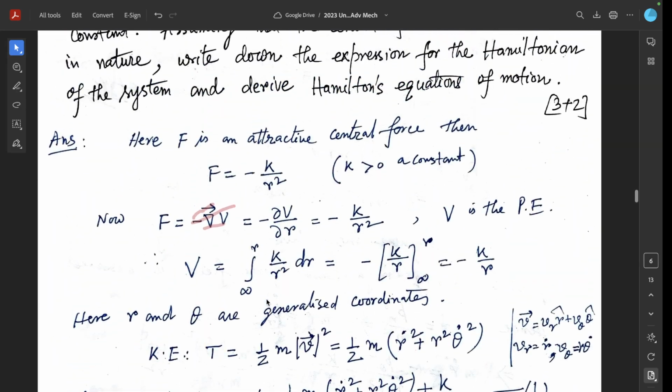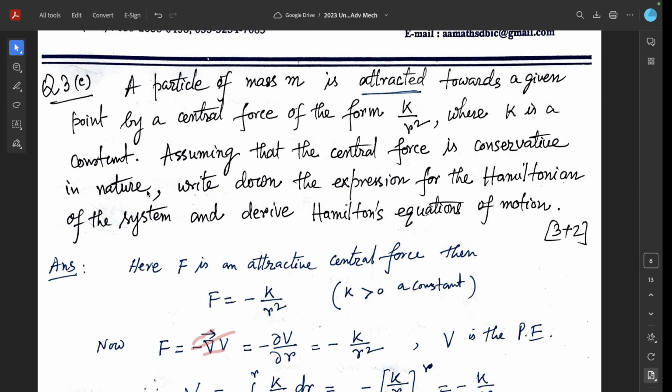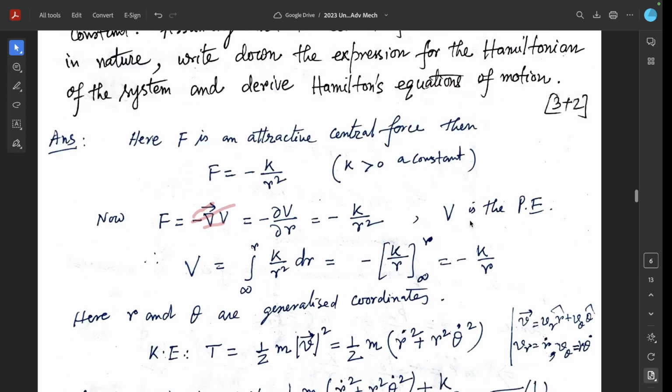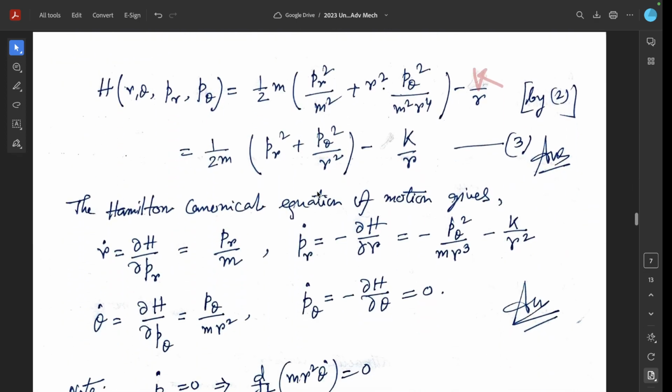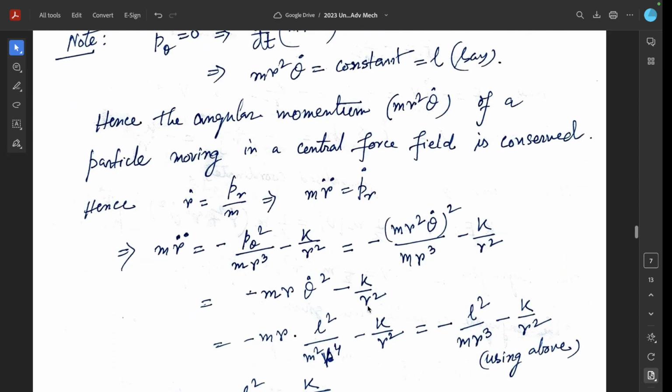In this question, we have to write down the expression for the Hamiltonian and derive the Hamiltonian equations of motion. So we find H, and the canonical equations of motion are these.